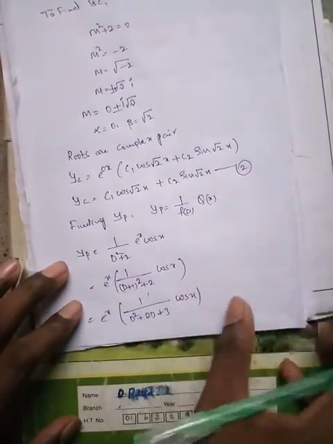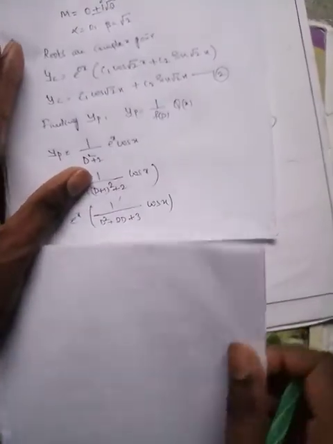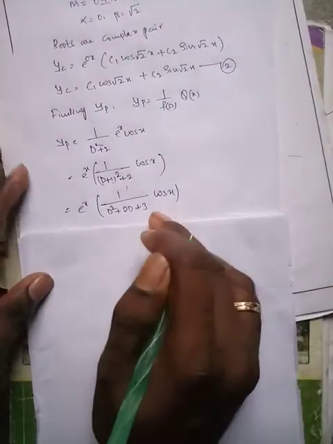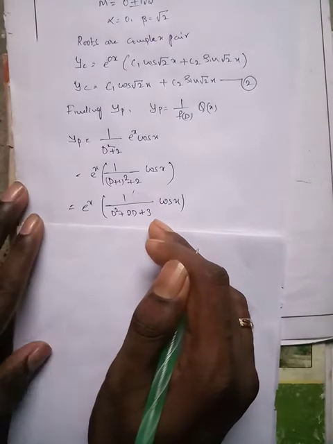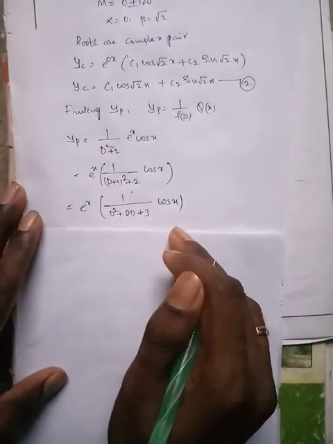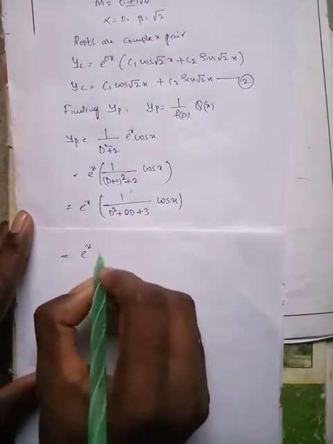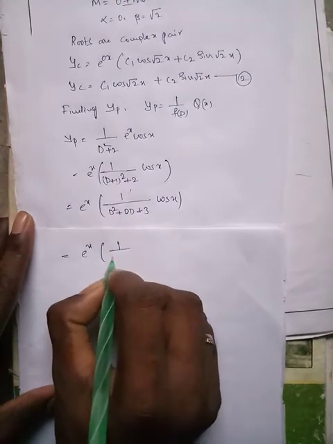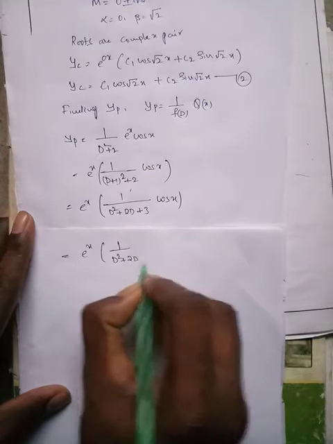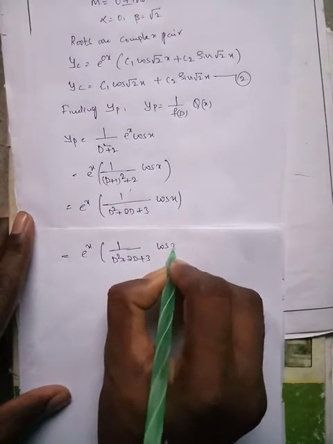Now we need to solve this. We know that if Q of x equals a trigonometric function, then yp becomes something we learned by using method 2. If we are getting these kinds of functions, by using method 2 I am finding the solution here. So here, D square plus 2D plus 3 into cos x.